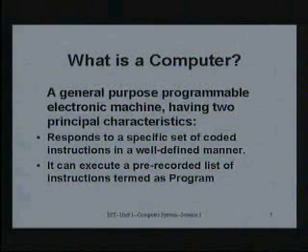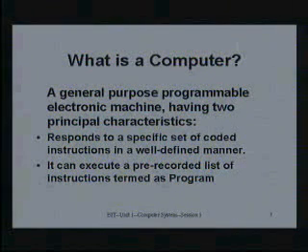Number one, it is an electronic machine, so it will be dealing mainly with electronic components. Number two, it is a programmable general purpose machine in the sense that it can be utilized for a multiplicity of applications without changing the basic nature of the machine.